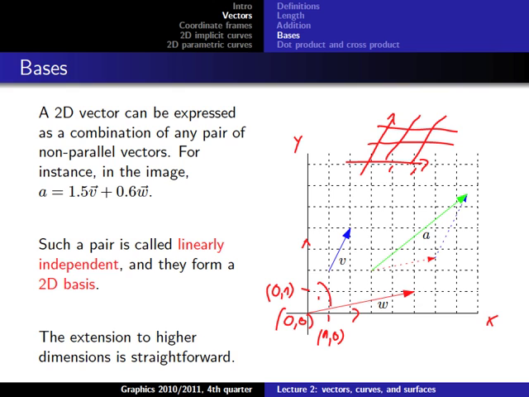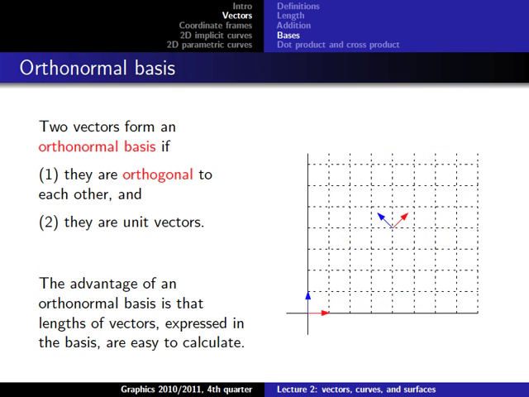Good. So if we have these two vectors, we call them a basis. And of course, like I said, having them at a right angle is kind of intuitive. This is a very special case, and we have a special situation if they are orthogonal, or perpendicular, to each other. Then we have an even more special case if they are also unit vectors, because then we define them as a so-called orthonormal basis.